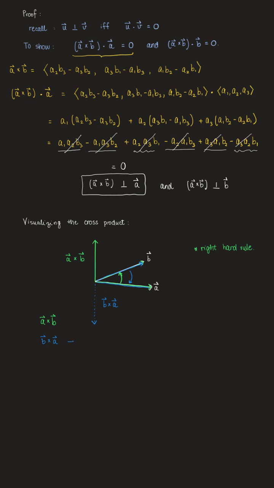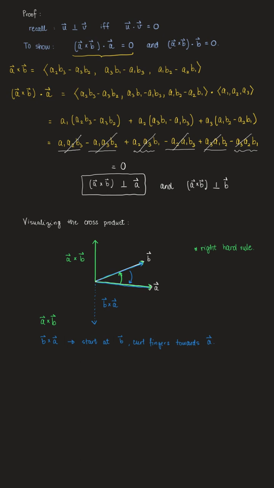So for B cross A, the palm of the right hand goes to B, you curl your fingers towards A, and your thumb will point to B cross A. And so now we have a visual representation of the cross product.